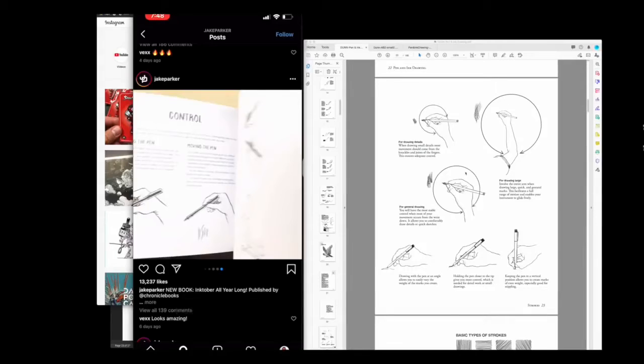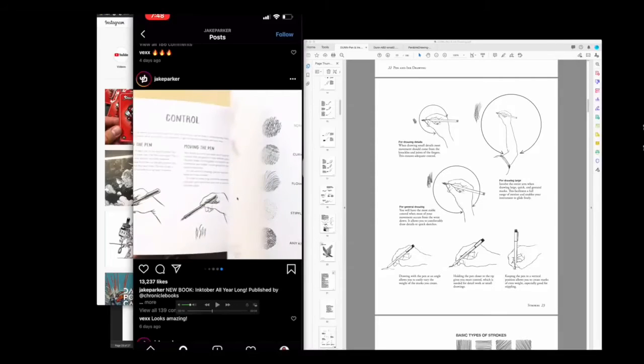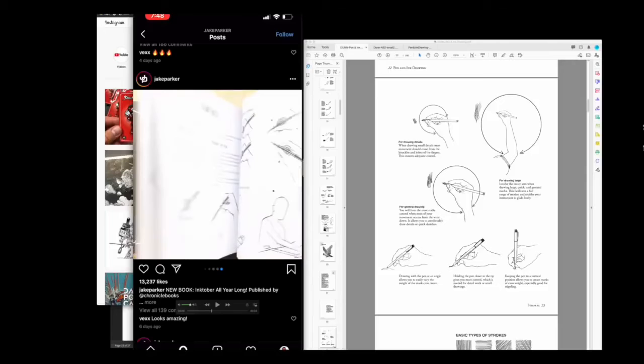Here I have illustrations of the importance of being aware of how you move your entire arm. There are times when it's better to move only your fingers and keep the rest of your body stationary. Move your wrist, move your entire arm, depending on the size of the strokes you want to make. Of course, he has the same illustrations over here. You can see them here.